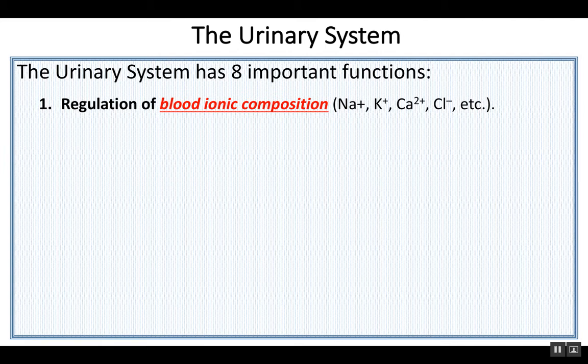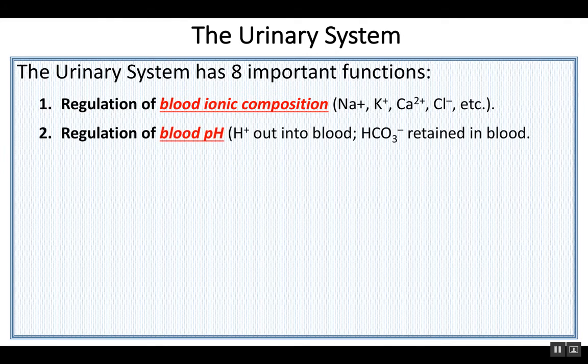The kidneys can determine what needs to stay in your blood because it's either low or it just doesn't make sense to get rid of it, or get rid of things from your blood because they're either waste and dangerous if they accumulate, or we are getting too high in that molecule. So it regulates your ionic composition, your sodium, potassium, calcium, chloride, phosphate ions, a number of different ions.